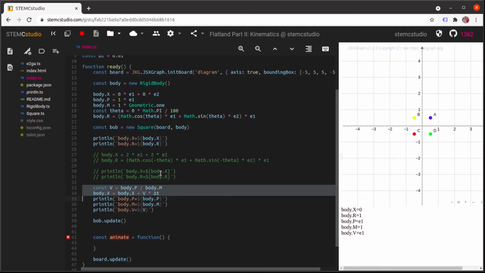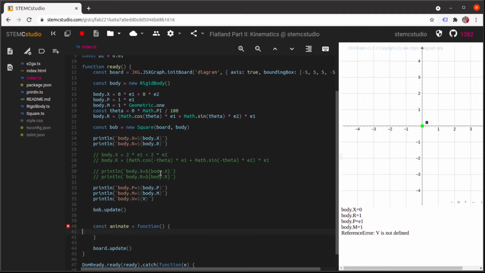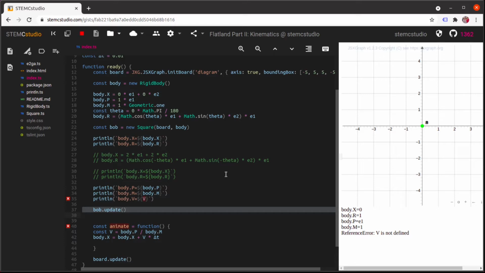And what I'm going to do in that function, well, I'll just do this bit first. I'm going to calculate the velocity of the body based upon its momentum, make an update, and then I'm going to ask the square to re-render itself so that it sees the change, okay?